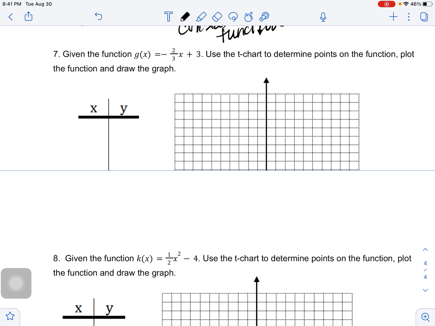So again, looking at our function right here, we can choose whatever we want to for our inputs. So -3, -2, -1, 0, 1, 2, 3. And then we're going to plug them in. So I'm going to have to add to my graph.